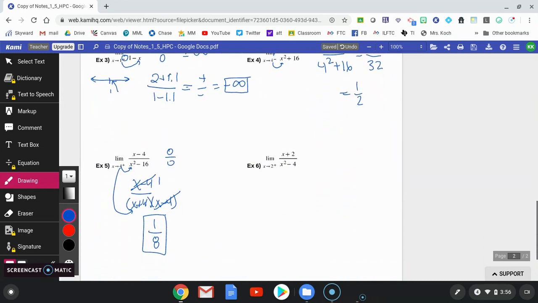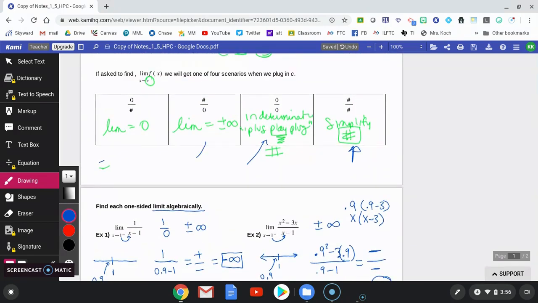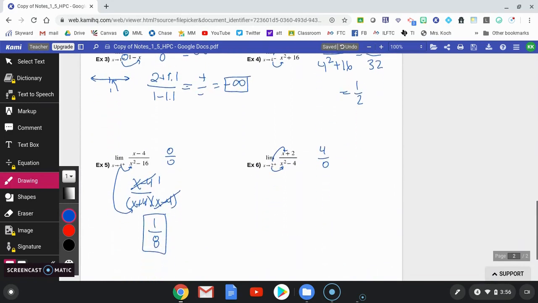And finally, in the last one, I'm going to plug in a 2. I'm going to be in some trouble, but this time I'm going to get 4 over 0. So that's this last case here, where I got a positive or negative infinity once again. And to determine which one it is, I'm going to plug in a number that approaches 2, but this time from the right. So let's go with 2.1. I'm not worried what 2.1 plus 2 is. I know you guys can calculate that, but what I'm actually concerned about is what is the sign of that.